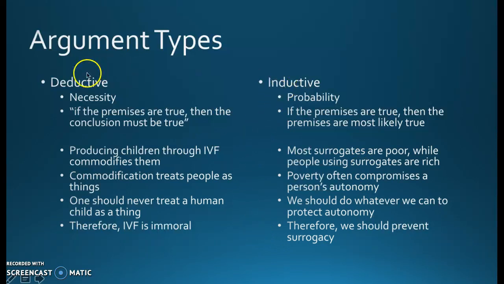The idea here, though, is that in a deductive argument, if the premises are true, the conclusion is true. With probability, if the premises are true, the conclusion still might be true, and so what we're looking for is higher probability. Again, this has nothing to do with your intentions or what you believe. It has to do with how we frame the relationship between the premises and the conclusions.